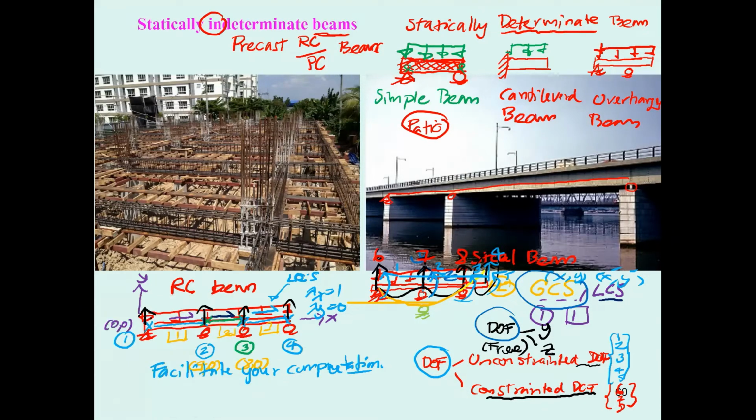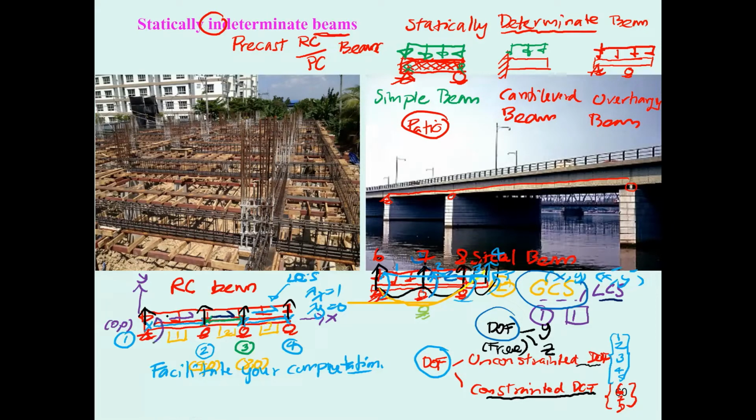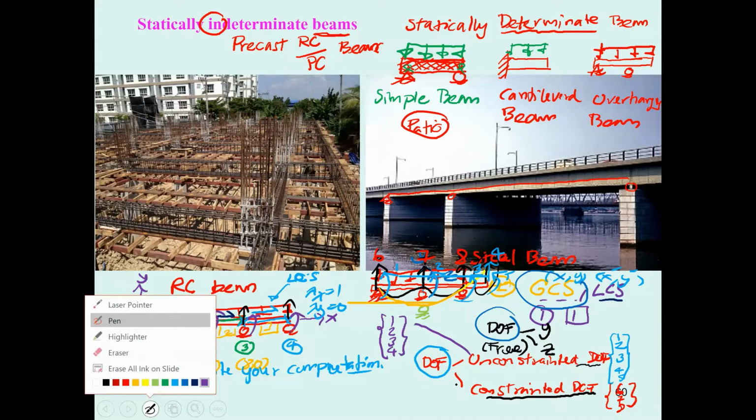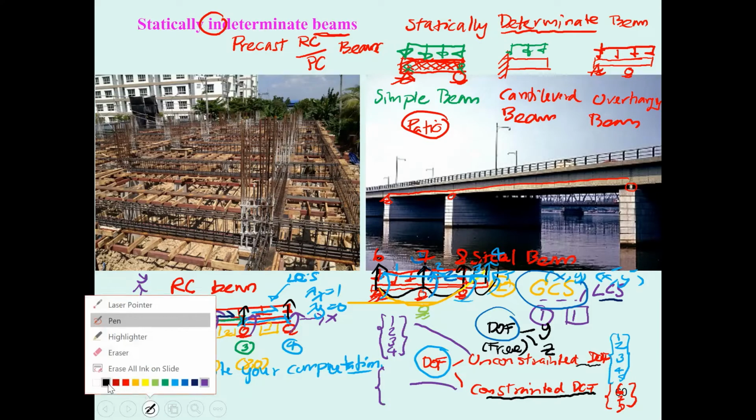And then for the unconstrained degrees of freedom that you may have, let me put it in purple. That is 1, 2, 3, 4. So the unconstrained degrees of freedom will be 1, 2, 3, 4. And the constrained degrees of freedom will be what? Let me put it in black.